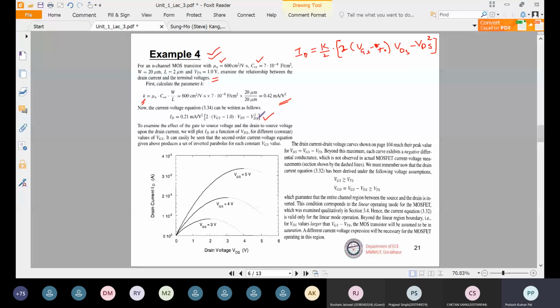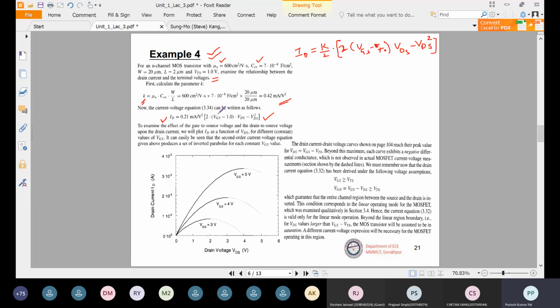Now we need to see the plot of this current with respect to the gate to source voltage and drain to source voltage. Here a particular gate to source voltage is taken; we consider one value and plot the other with respect to it. So we need to plot ID with respect to VDS.